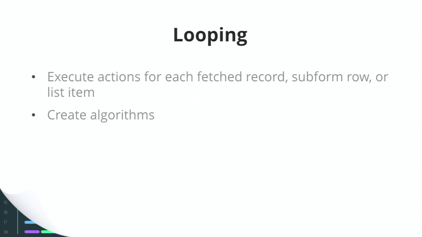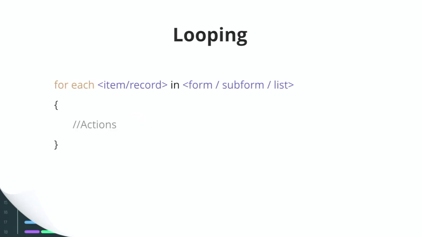This is the basis of creating scripts which are a little bit more advanced, doing things that are like algorithms, where you're running through a set of records, and then based off of some kind of criteria on those records, you can choose whether to do one action or not, or whatever it is you're trying to do.